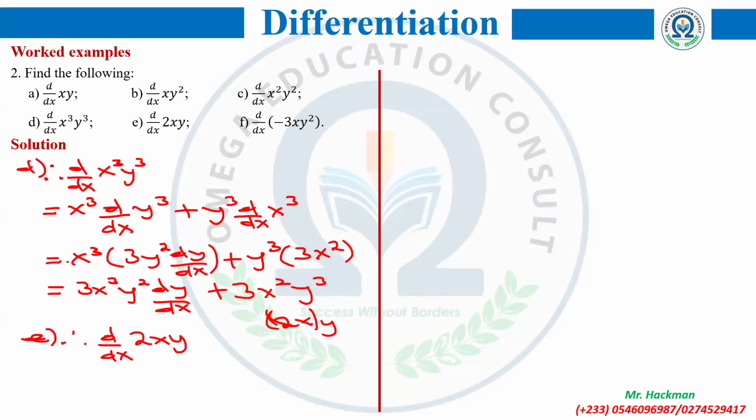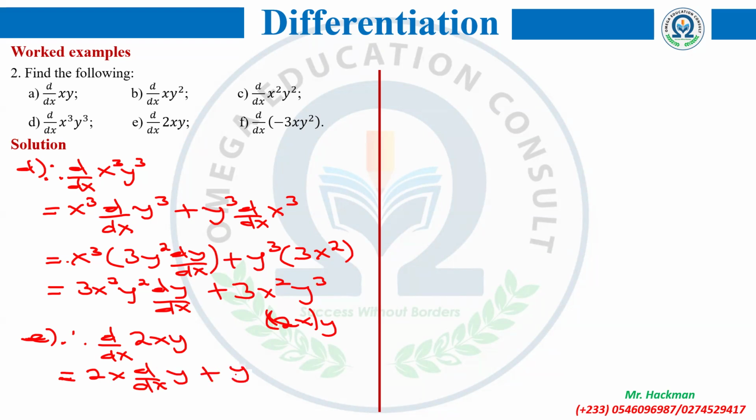All right, so now what do we do? This will be equal to, so this is what I'm going to do. Hold your first factor, which is 2x. Do you agree? Then differentiate your second factor. So you find d dx of your second factor. What's our second factor? Y. Very good. Then plus, we come and do the swap.